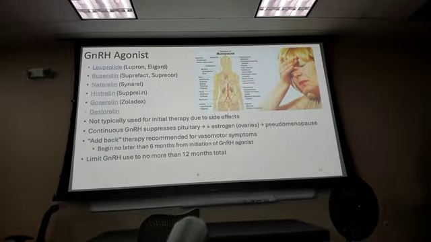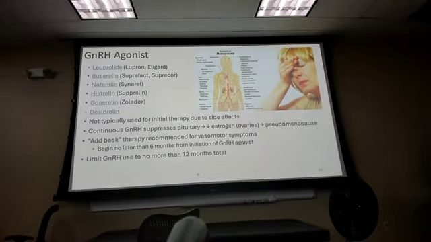So at the beginning, you don't have to start it, but by 6 months of GnRH therapy, we should have these patients on add-back therapy. Okay? And add-back therapy, we're giving them an estrogen, usually a low-dose combined oral contraceptive. We're giving them back to help reduce the side effects or reduce the chance of them developing menopausal side effects.